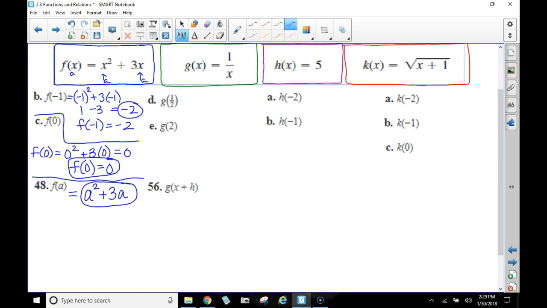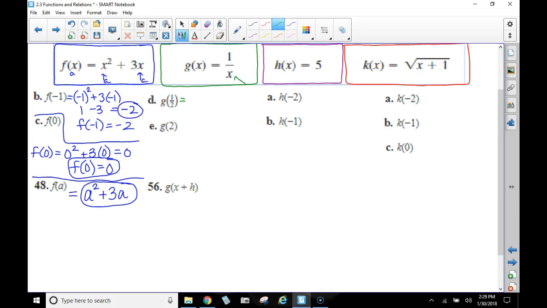All right, let's move on, and now let's work the next set of examples working with our g function, d, e, and 56. So g evaluated at 1/2, see how I'm saying that? I am not saying g times 1/2. No. I'm saying my g function evaluated at 1/2.